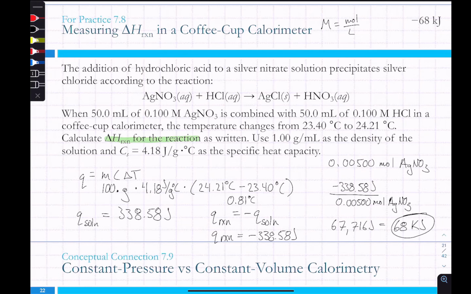Okay. So how is this different than the constant volume calorimetry that we talked about before? This is constant pressure. How's delta H different from delta E? Yeah, delta H doesn't include work.